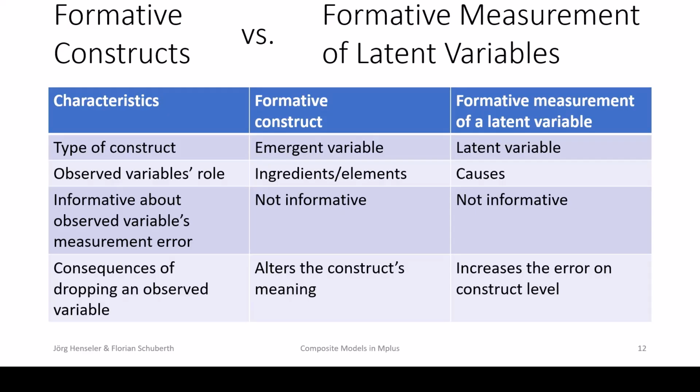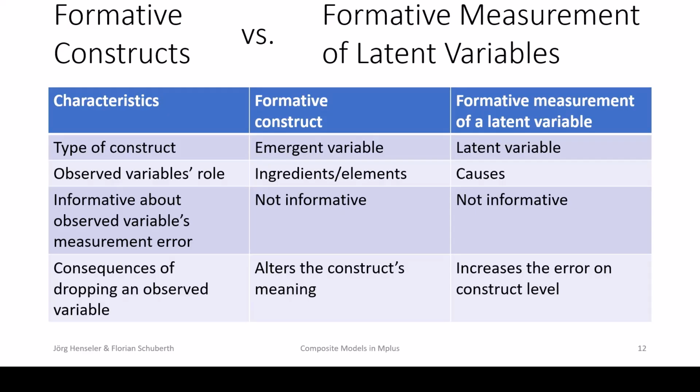While classically in latent variable modeling, observed variables or the correlation between observed variables are used to gauge how large measurement error is, this does not work with formative observed variables. So if we have the formative measurement of a latent variable, then the correlations among these observed variables do not say anything about the reliability and validity of the measurement of the latent variable.